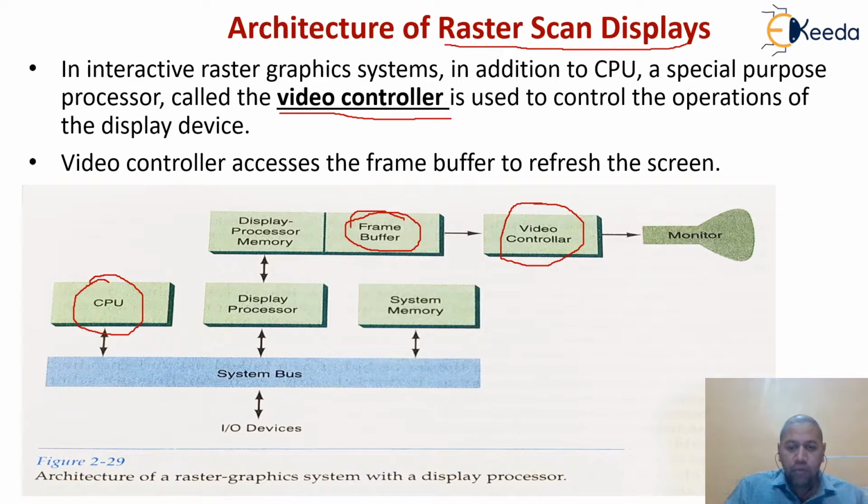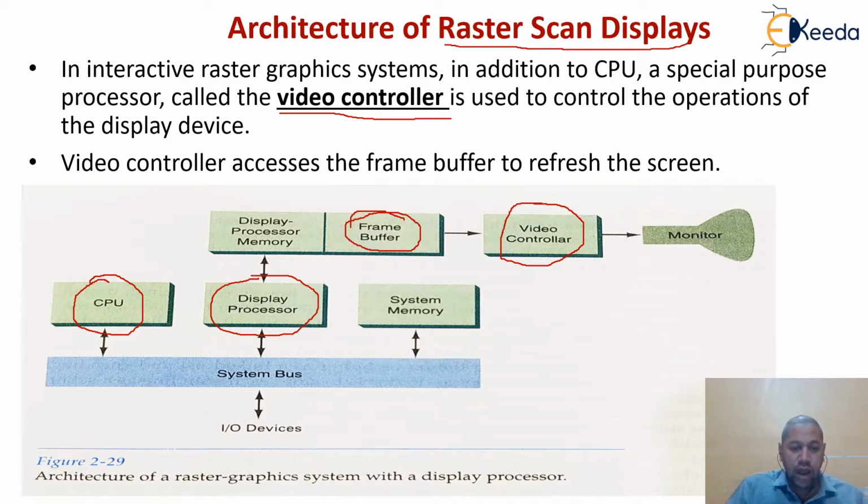Now in addition to this video controller, we are required to have a display processor, which is going to handle all the activities of the graphics package, or the tasks related to graphics. For the display or the monitor, we require the video controller.